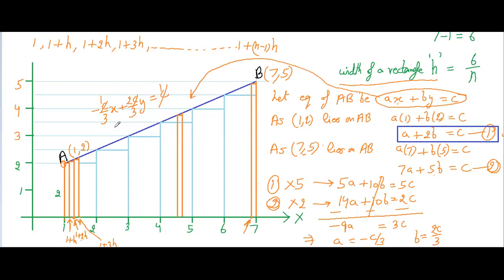We multiply by 3 on the right hand side, and we get minus x plus 2y equal to 3, from which we obtain the y coordinate equal to 3 plus x by 2. Is this part clear?